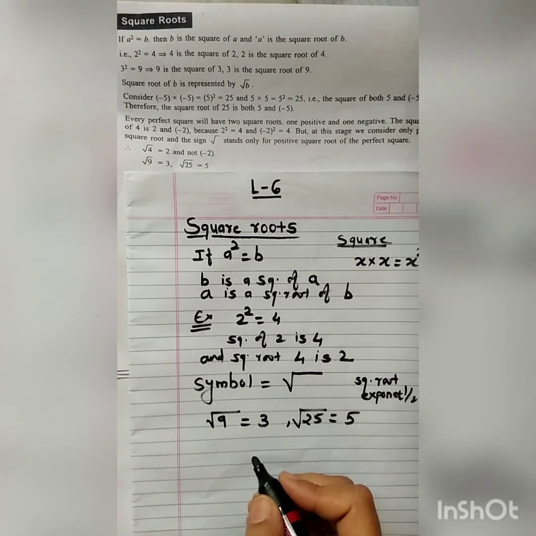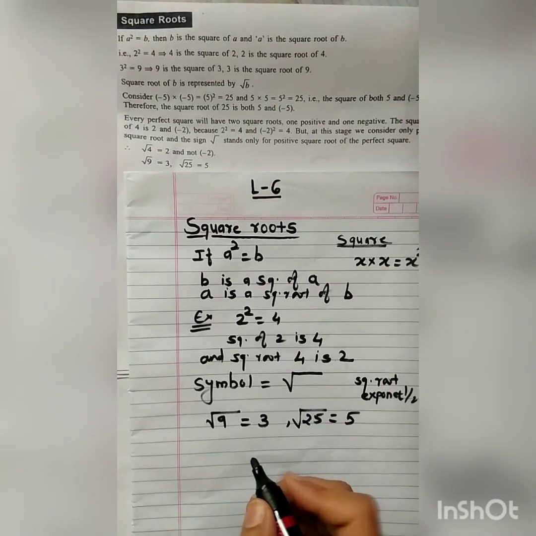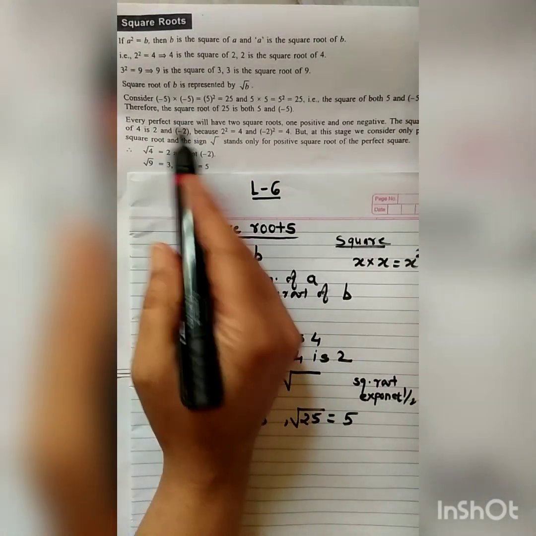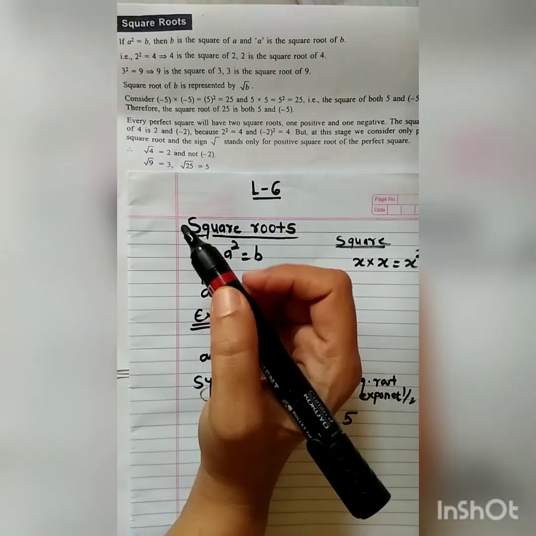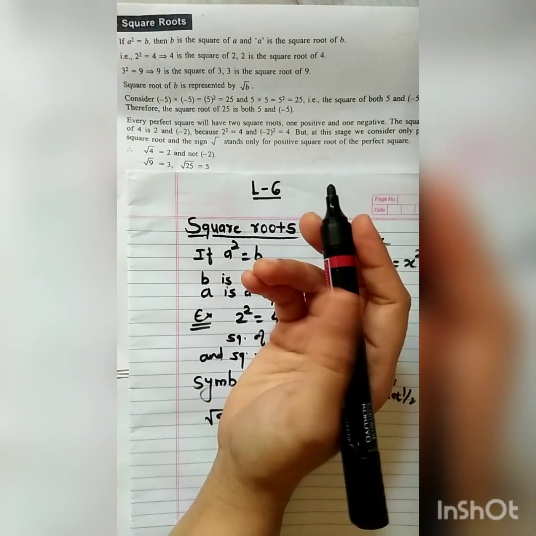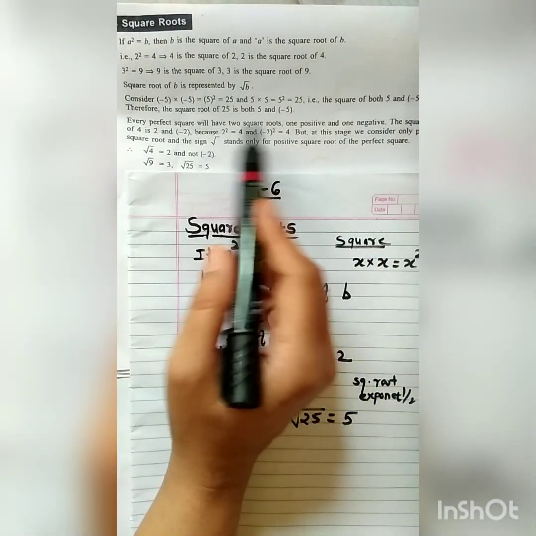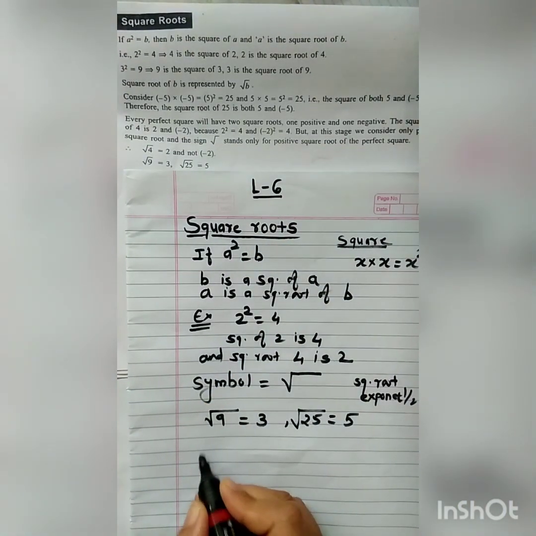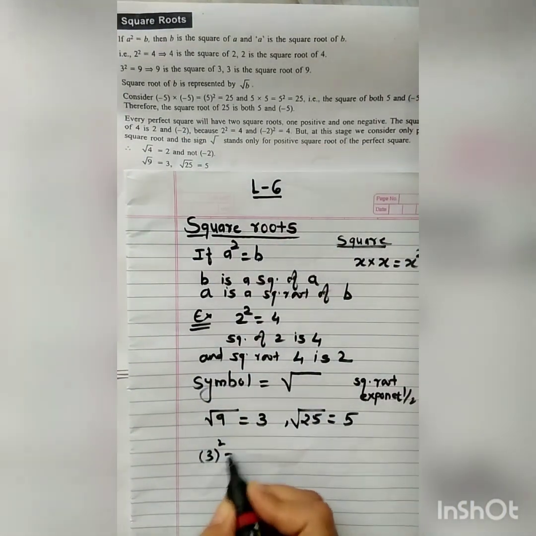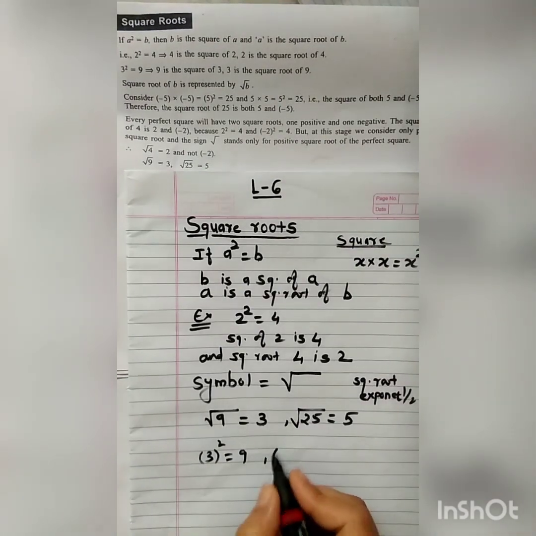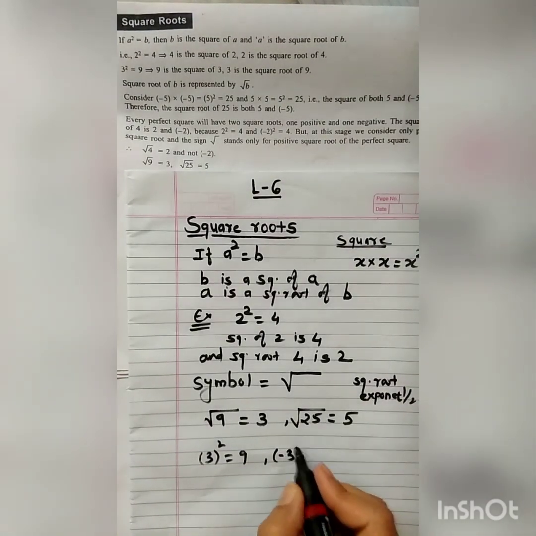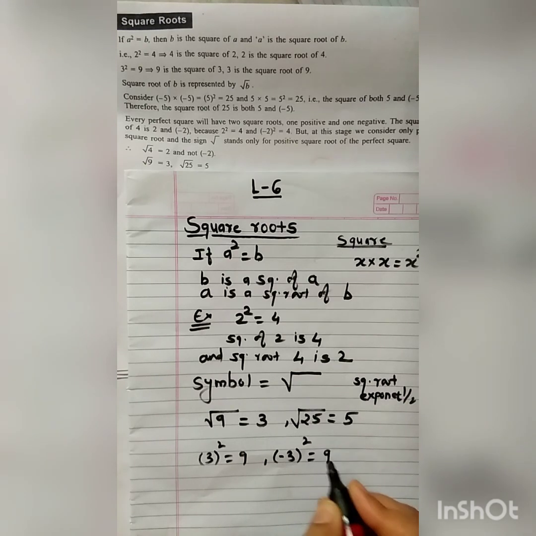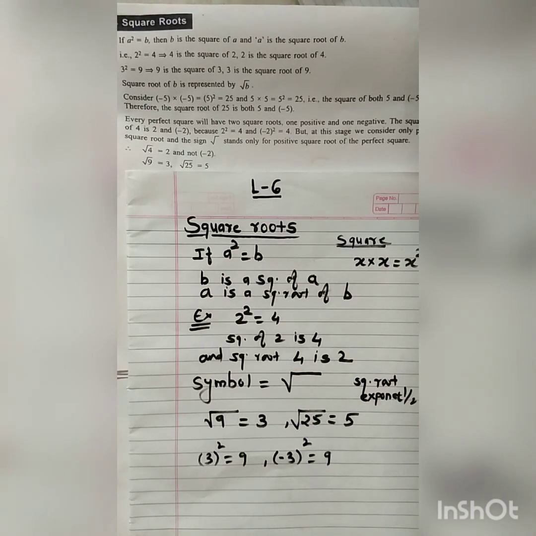One more thing I want to add in this. We know that every perfect square will have 2 square roots. Why? Because we have seen that square of 3 is also 9 and square of minus 3 is also 9. Because square is never a negative number.